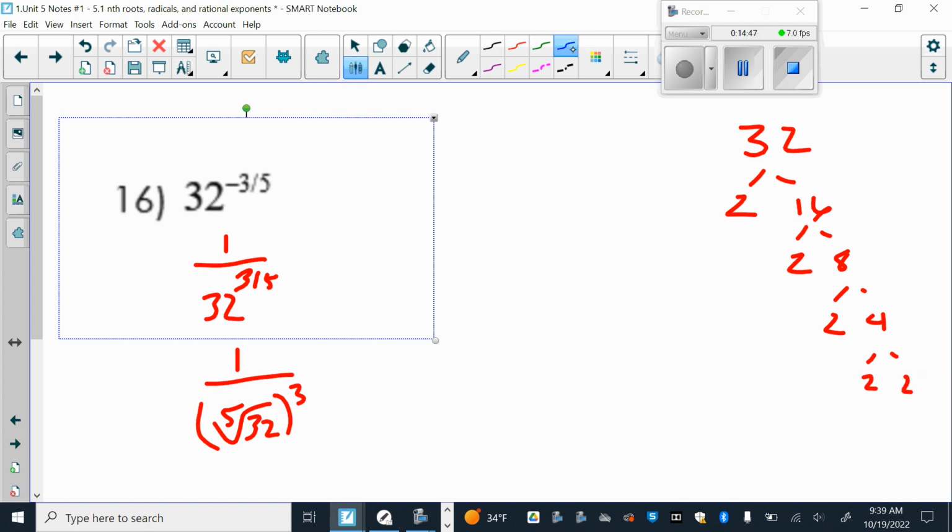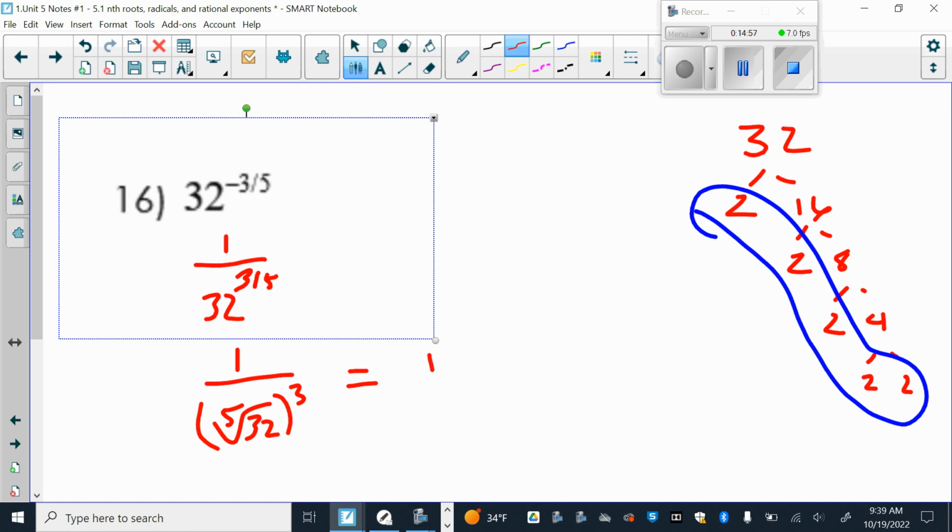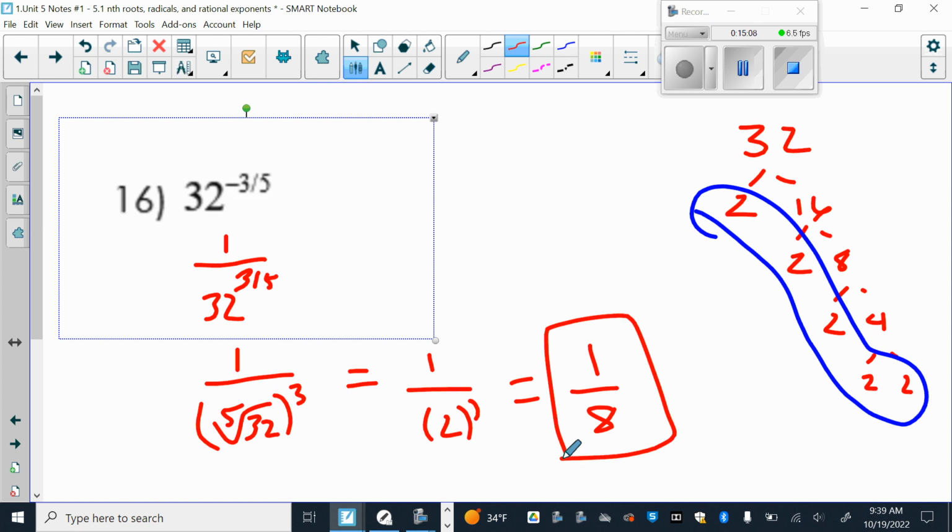So 5th root, see, 1, 2, 3, 4, 5. Perfect. So the 5th root of 32 is just 2. 2 to the third is 8. So we get 1 over 8.